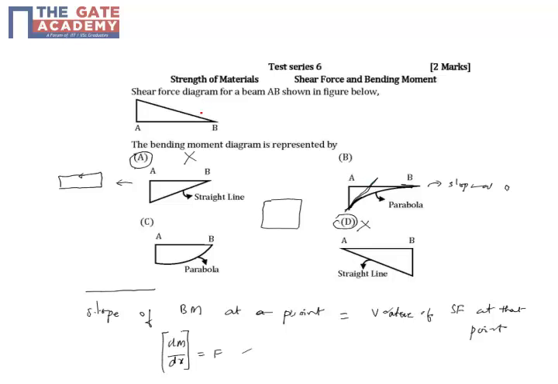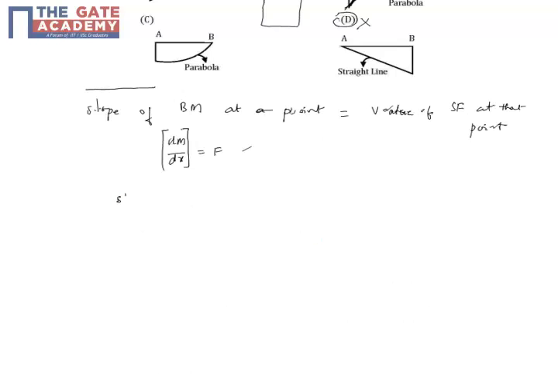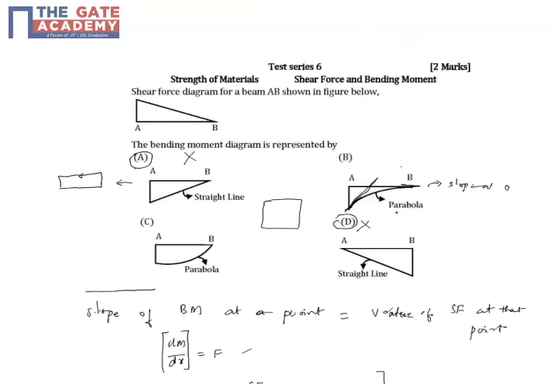So the shear force represents that slope. The shear force value at B is 0, and at A it is some positive value. So my slope should be such that at B it is 0 and at A it is positive.